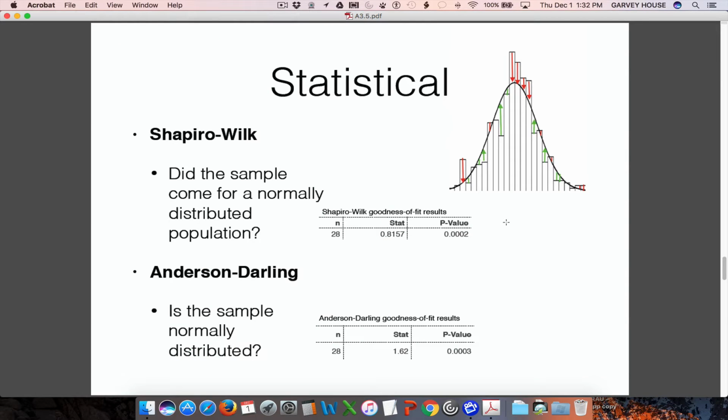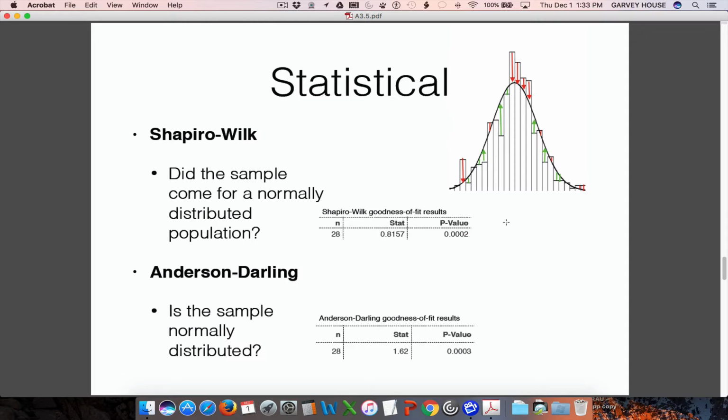Now let's turn to the statistical. And recall that I said that the way that they do this conceptually is to take the raw data and compute a frequency distribution and then superimpose a normal curve and then calculate the deviations from the sample to the normal curve.